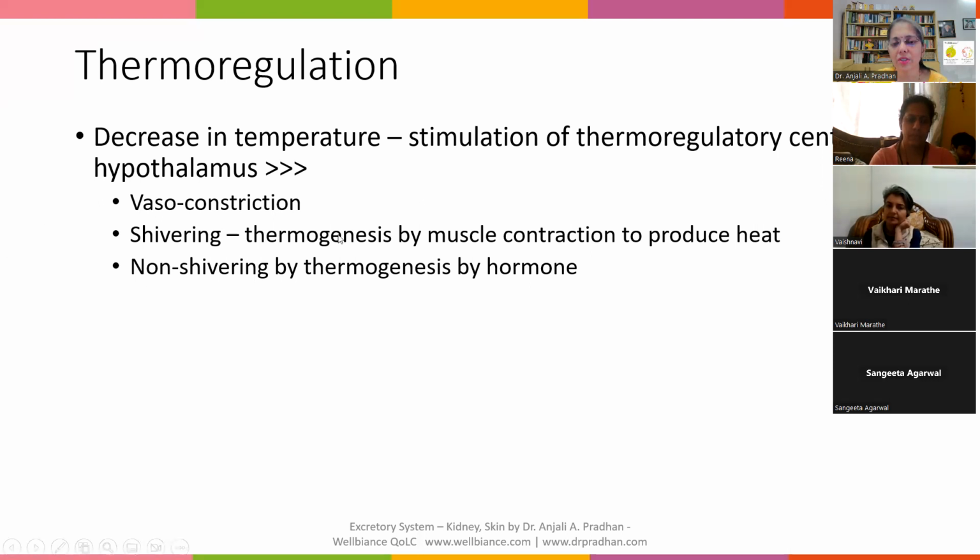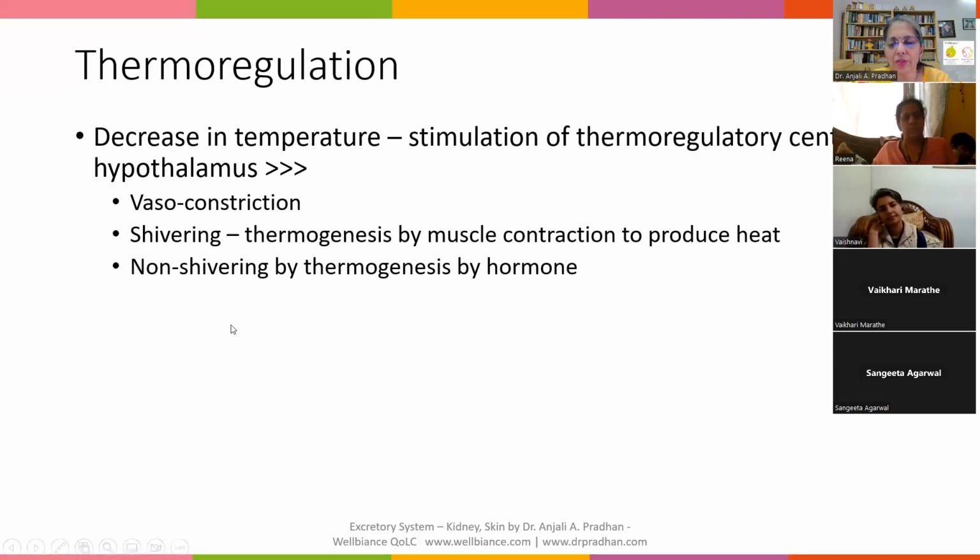So vasoconstriction. And one more mechanism is shivering. Because of shivering, thermogenesis is done, by muscle contraction to produce heat. And also at the same time, when there is shivering, muscle contracts and it produces heat.